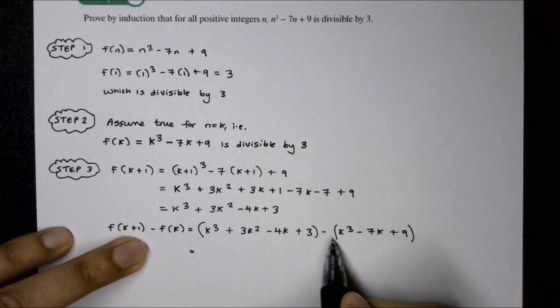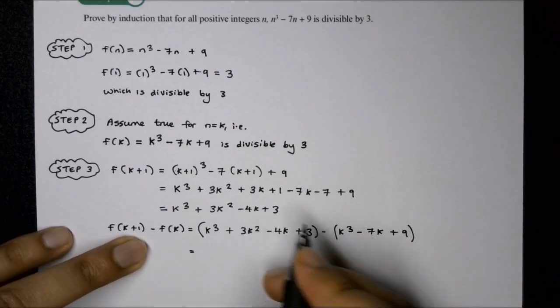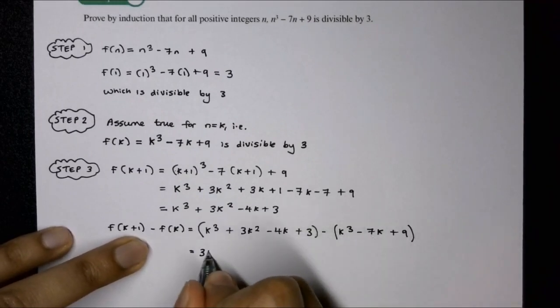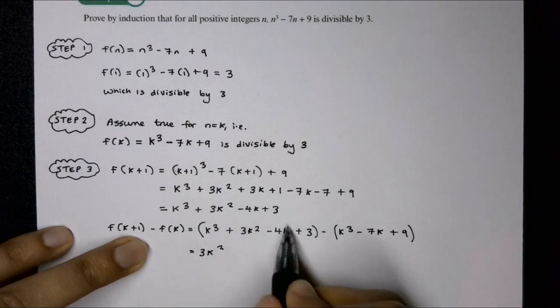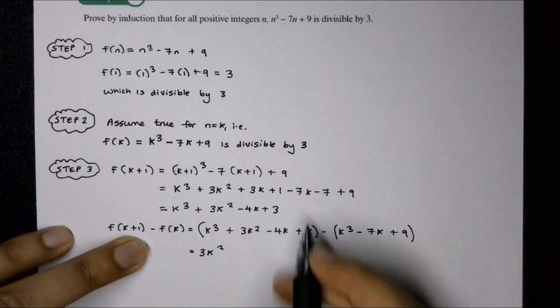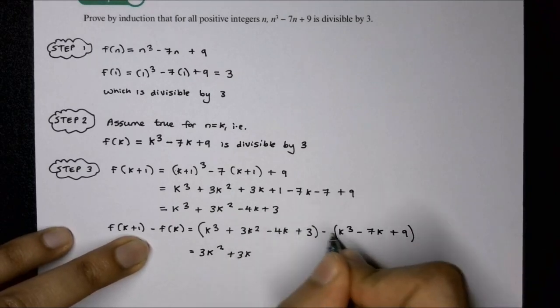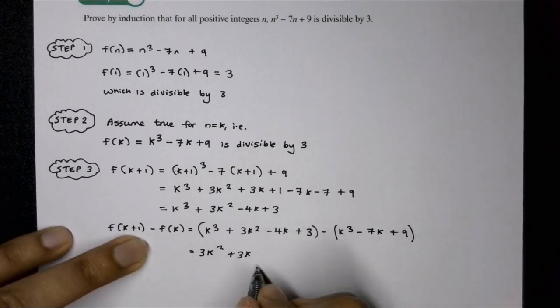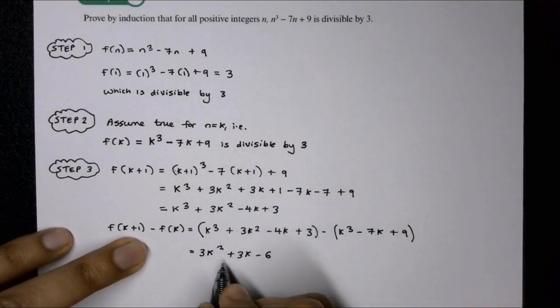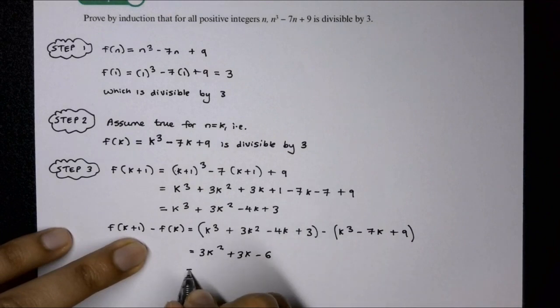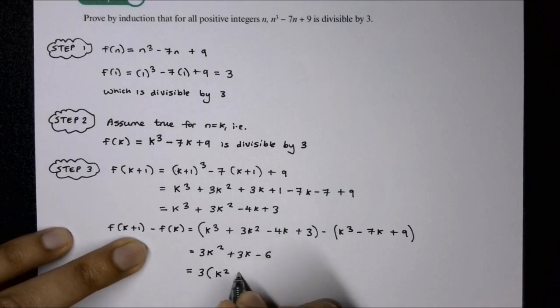Then we've got 3k squared minus 0k squared, so here we have 3k squared. Then we've got minus 4k minus 7k, so that's plus 3k. 3 minus 9, that's minus 6. And what we can do, well, we want to show that this is divisible by 3. So what we can do over here is take out a 3 as a common factor. So we've got 3 lots of k squared plus k minus 2.